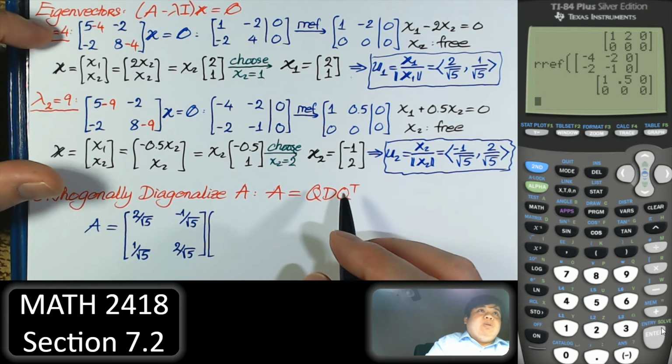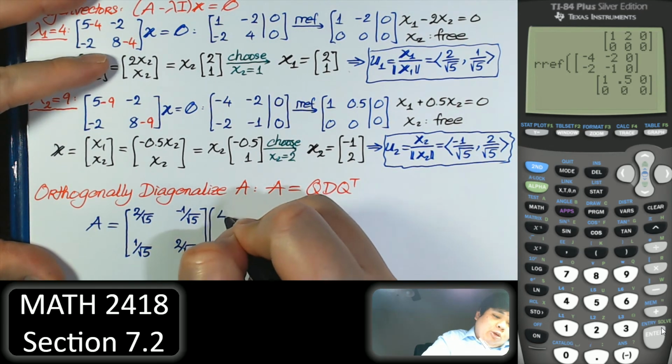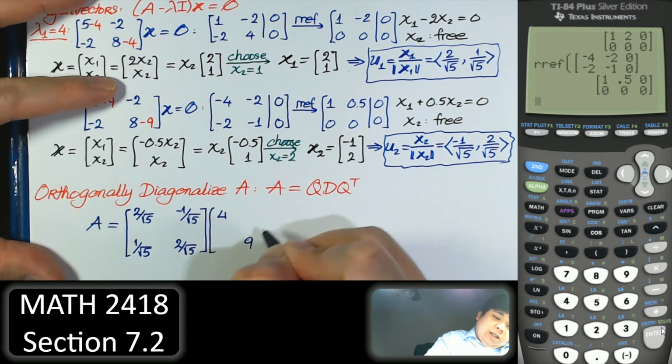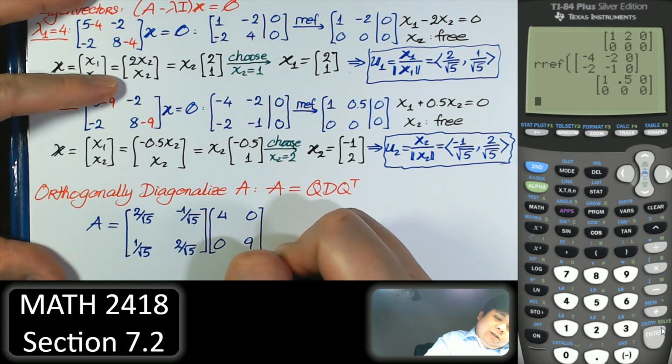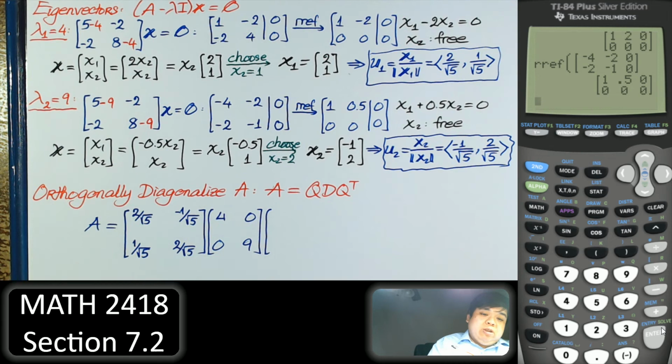So that's why I just put all the 1 and 2, so we know which one we put first. So that's 4 and 9. And then Q transpose, we're just going to transpose this.